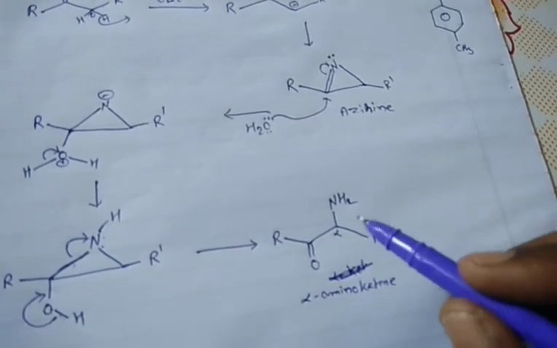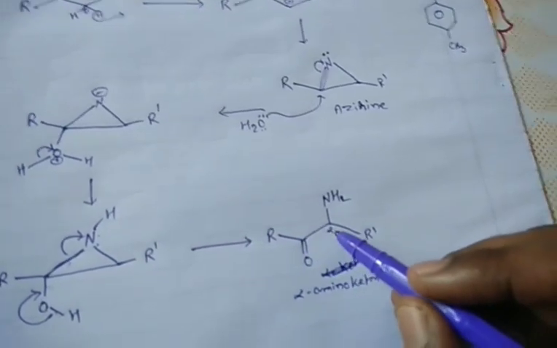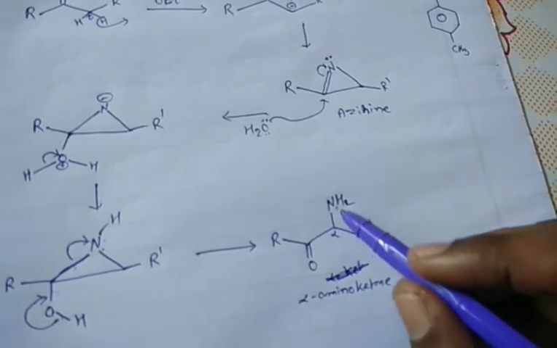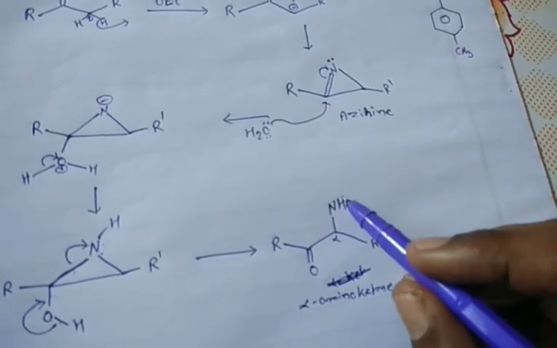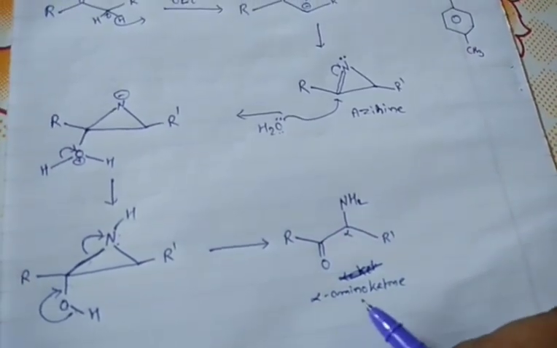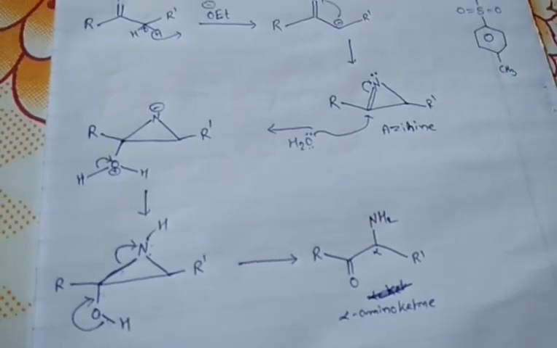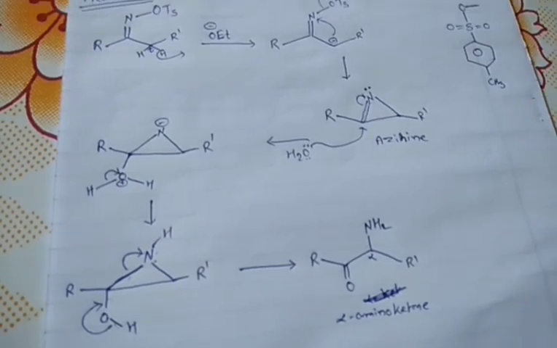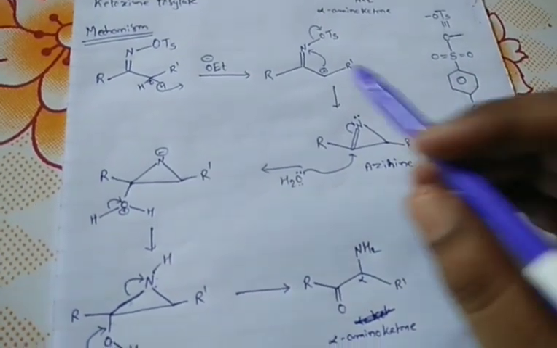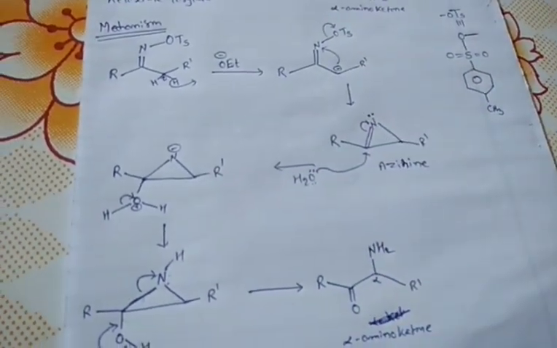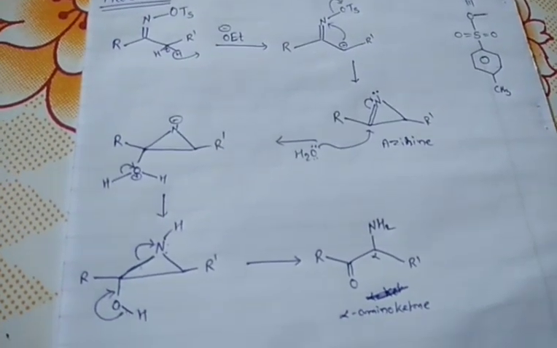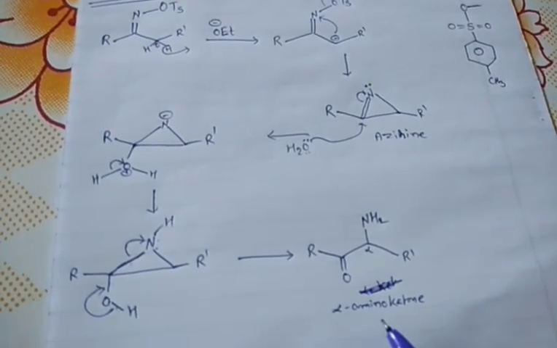Now this is the carbon, this is the alpha carbon, and to the alpha carbon an amino group is there, so that's why it is an alpha amino ketone. So this is all about the mechanism involved in the Neber rearrangement. We started with the ketoxime tosylate, and we obtain this alpha amino ketone.